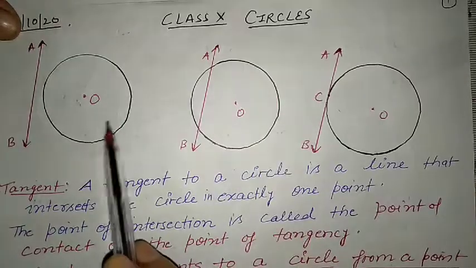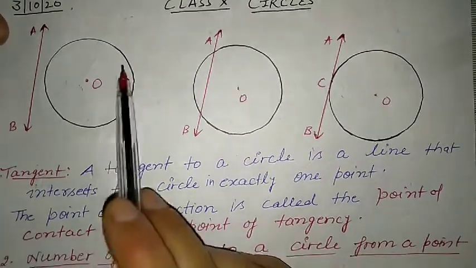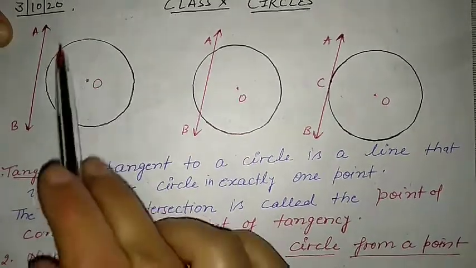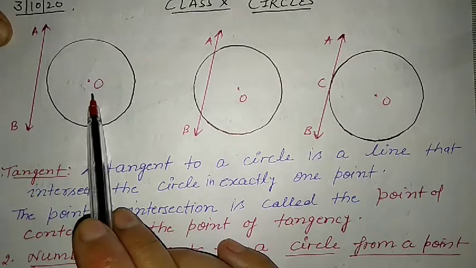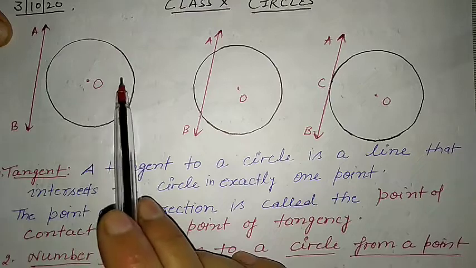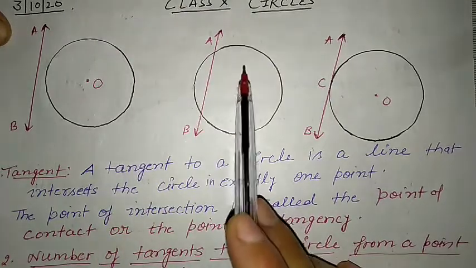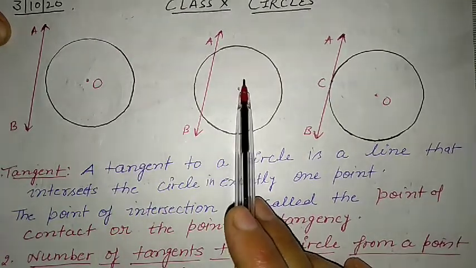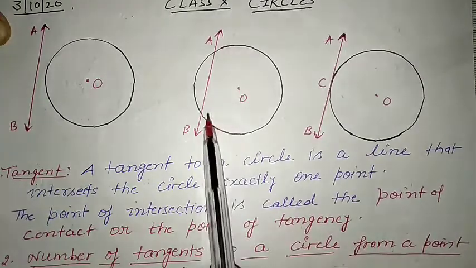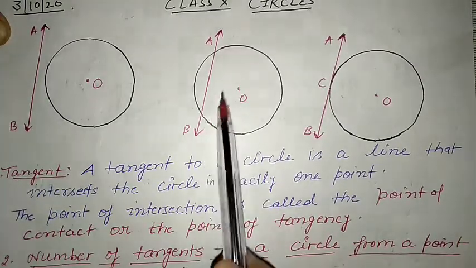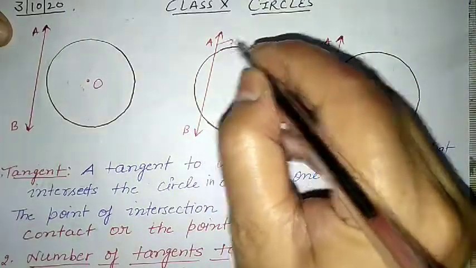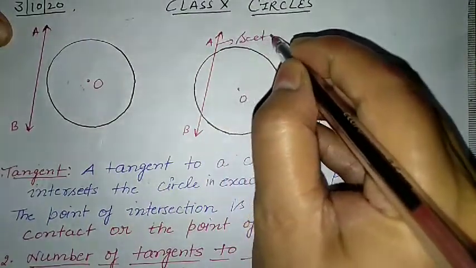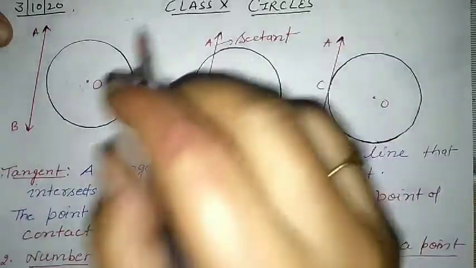In the first figure, this is the circle, and AB does not touch or intersect the circle, right? In the second figure, line AB intersects the circle in two distinct points, and it is called a secant. This line which intersects the circle at two distinct points is known as a secant.